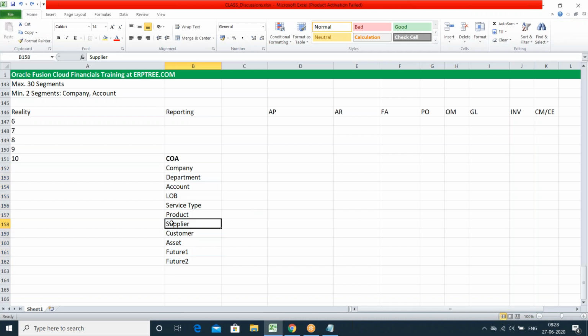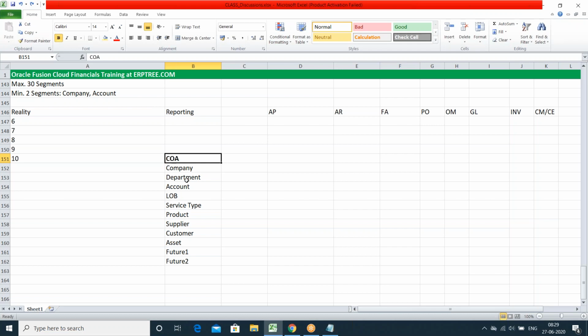If we take the example of supplier, the supplier is specific to AP only. If we take customer, customer is specific to AR only. If you take asset, asset is specific to FA. So the segments you selected which are specific to an application are really not required. The point is, you should not take any application-specific element into the chart of accounts.